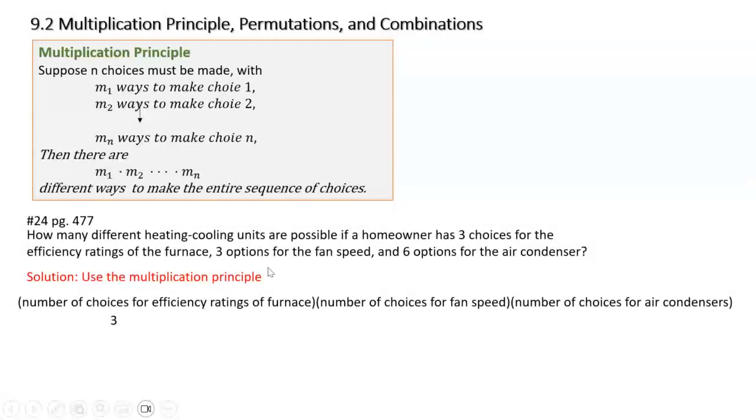The number of choices for fan speed is going to be 3. And the number of choices of air condenser will be 6. So by using the principle, it will be 3 times 3 times 6, which will give us 54. So there's 54 ways you can actually select the items under this situation here.